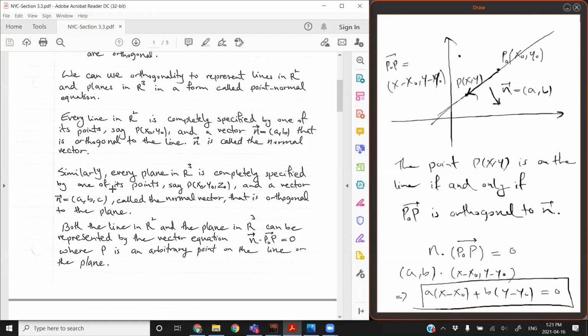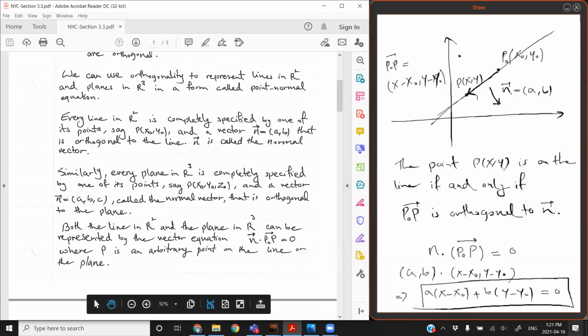Okay, similarly, every plane in R3 is completely specified by one of its points, say the point P0, X0, Y0, Z0, and a three-dimensional vector ABC, called the normal vector, that is orthogonal to the plane.